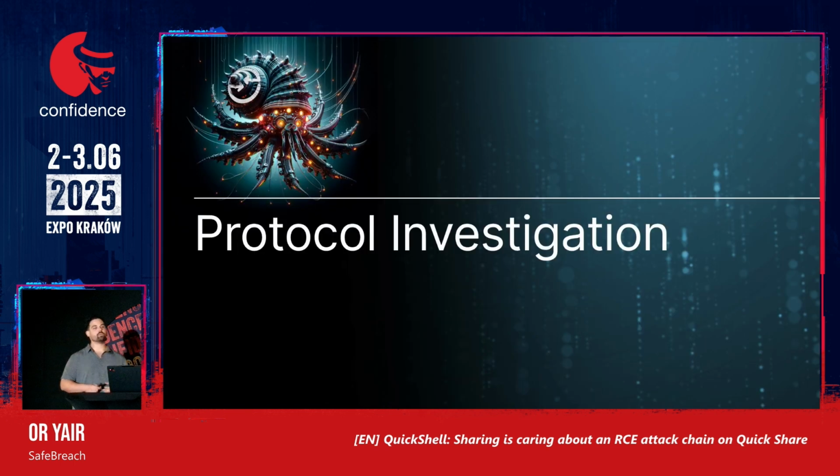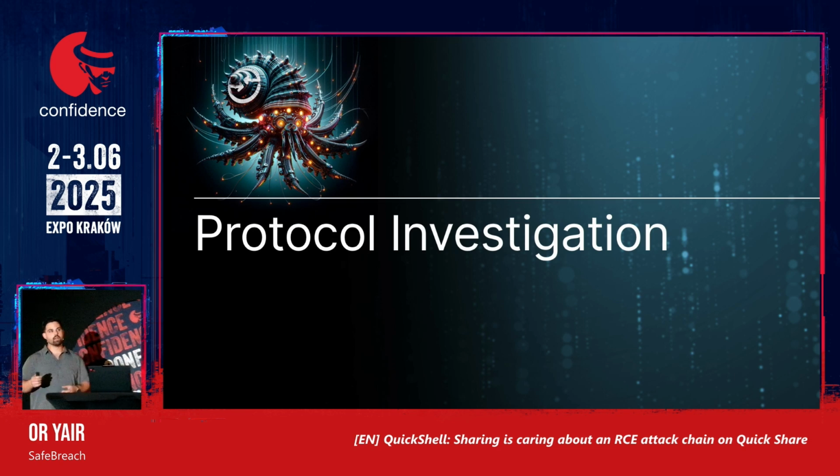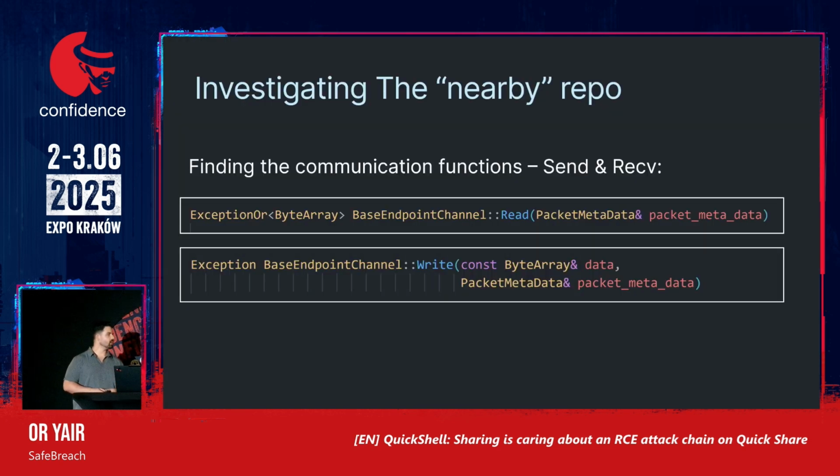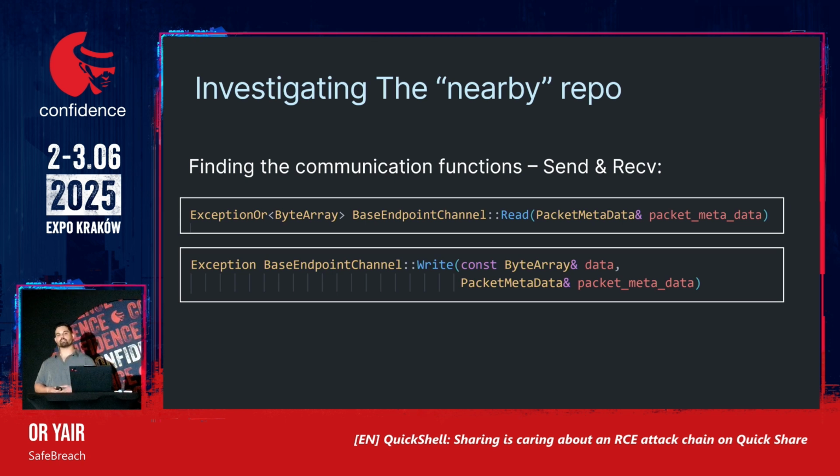But in order to do that, we had to start with understanding the protocol as it had no documentation. Therefore, the first thing that we did was to find the two most basic functions that allow receiving and sending packets. Then we found the read and write functions that were a part of the base endpoint channel class that was the base class for all communication technologies, allowing us to see all sent and received bytes.